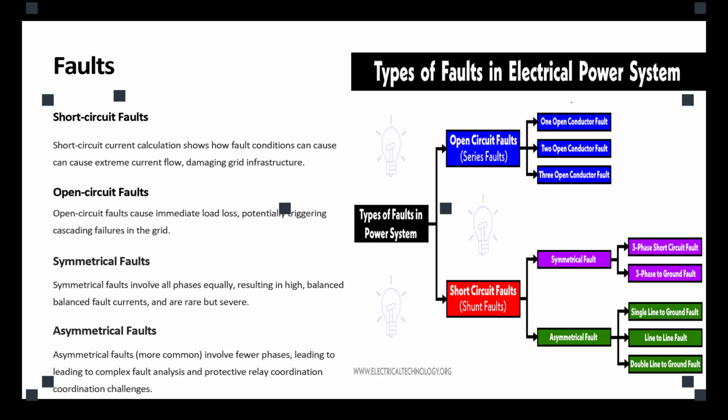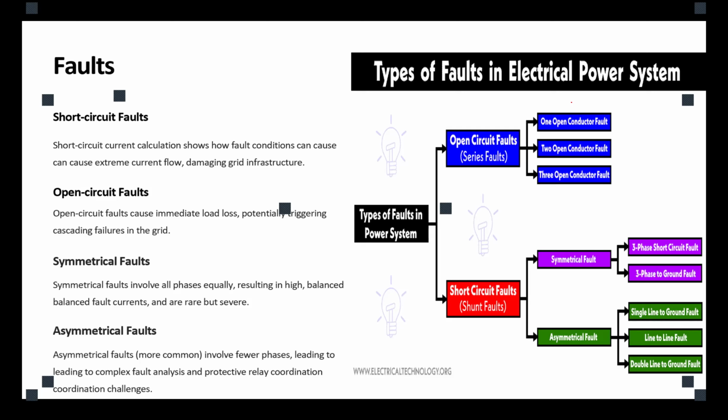Now, faults are divided into certain categories. The first categorization is based on the nature of the fault, as we said. Either it's an open circuit, okay, something got disconnected, maybe a transmission line is open, by accident or by mistake.